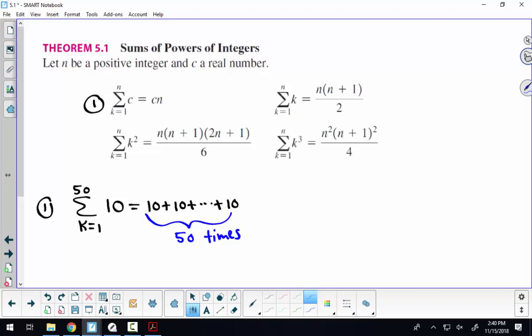So we see why that formula is the way it is. I'm just taking 50 times 10, or the upper limit times the constant.